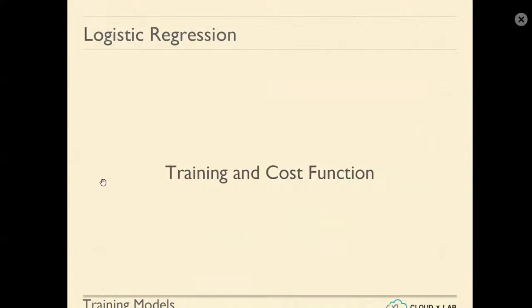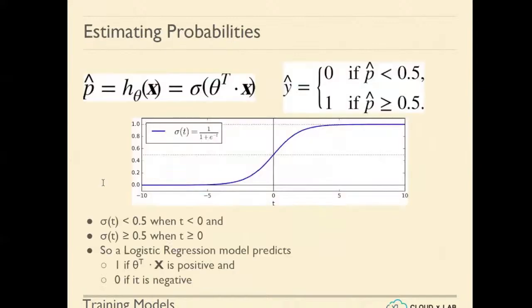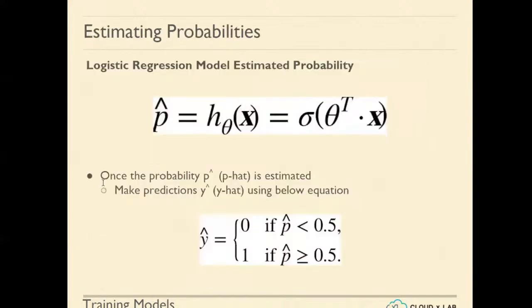Okay, so now let's discuss how we can train a logistic regression model, and what cost function we will use to train it, right? And yes, here we will use this equation to make the prediction.